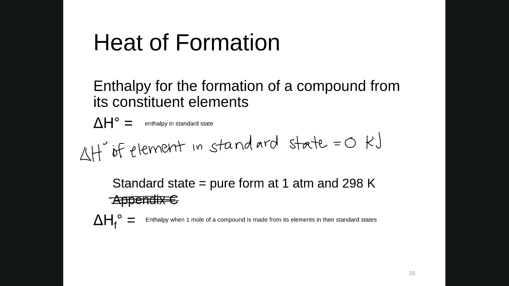Because the enthalpy of formation is talking about when 1 mole of compound is made. But here, if we're talking about an element, it's not made from other elements, so its enthalpy is 0, as long as it's in its standard state. So let's check this out.